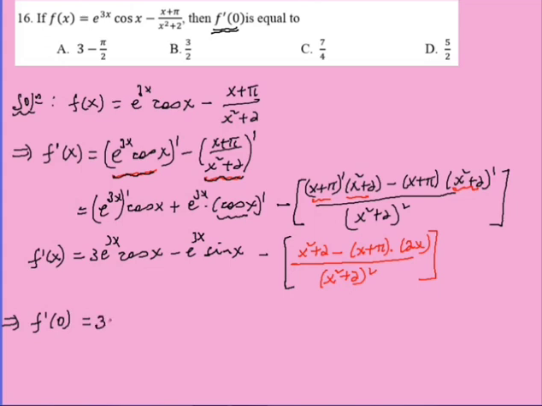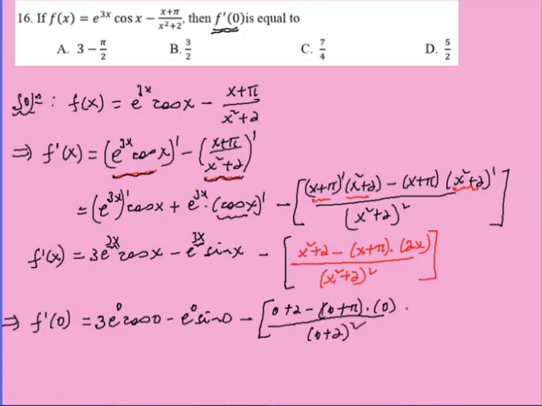So this becomes 3 times e to the power of 0 cos 0 minus e to the power of 0 (because 3 times 0 is 0) sin 0, minus 0 squared is 0 plus 2, 0 plus 2, minus (0 plus pi) times 2 times 0 is 0, over (0 squared is 0 plus 2) the whole square.